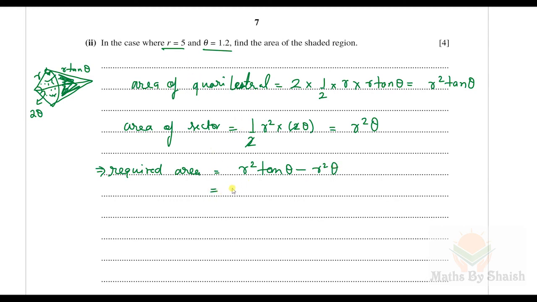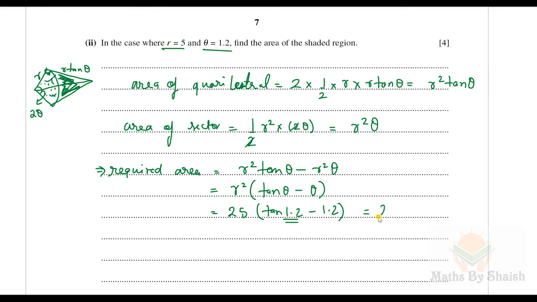So we'll put them here. R square I'll take common first of all, it is tan theta minus theta. R square is 25, and it is tan 1.2 minus 1.2. We have to use the calculator in radian mode, because the angle is in radians.